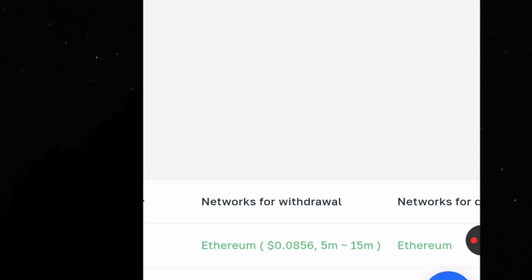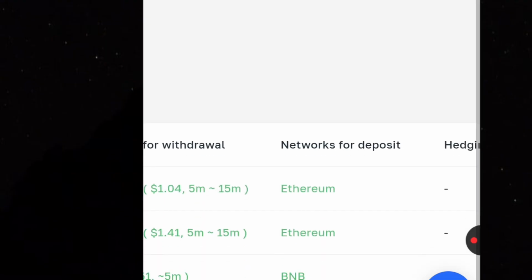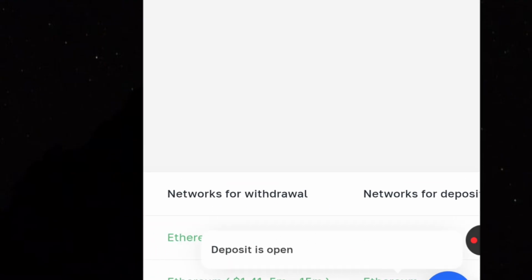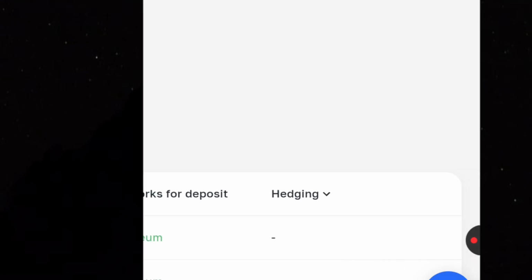Because if you're doing all of these things by yourself, you may not even know the fees, or how to calculate fees. You might just enter into it blindly and start losing your money. So this information is the reason why people actually use paid tools. So please, if you want to do it by yourself or already understand that there are fees, network for deposit, hedging and all of that, then go ahead.